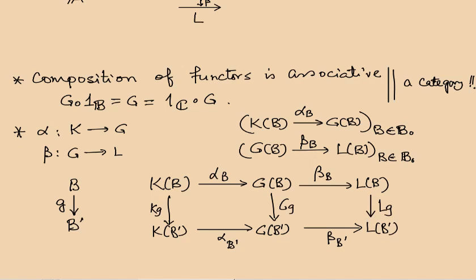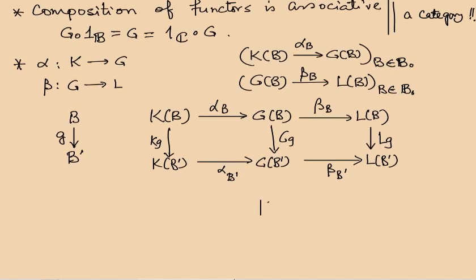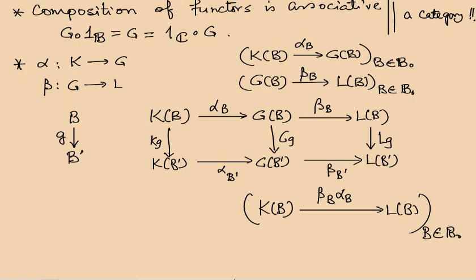So taking beta B composed alpha B, taking this family now, this gives me a natural transformation, which we shall write as beta alpha from K to L.